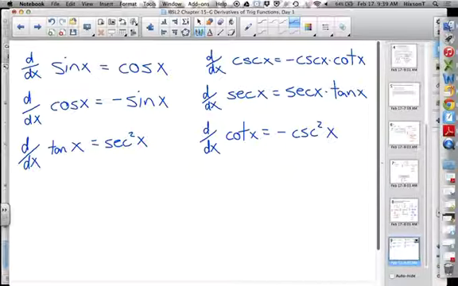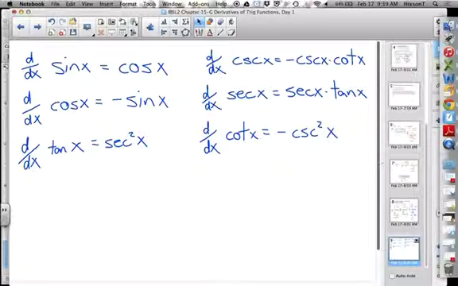And again, there are a number of things here that can help us remember them, even though you only have to memorize sine and cosine. Notice secant is always with tangent. And cosecant is always with cotangent.